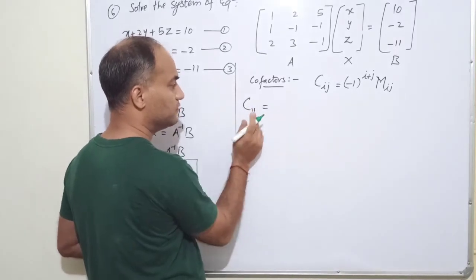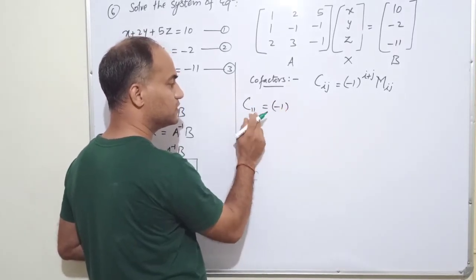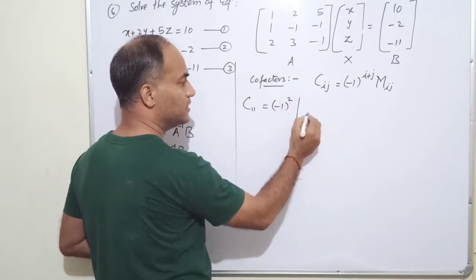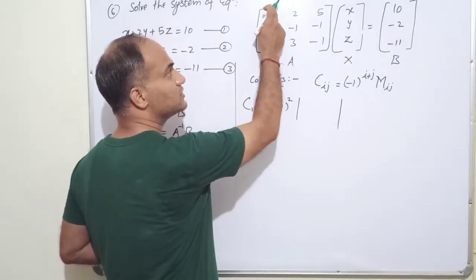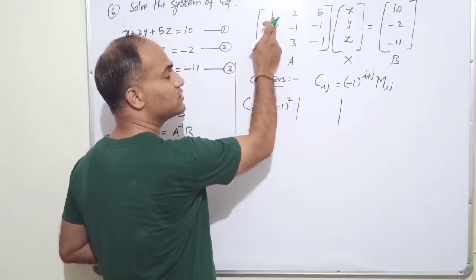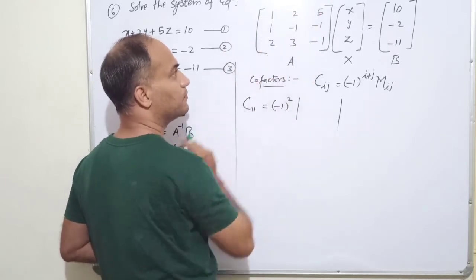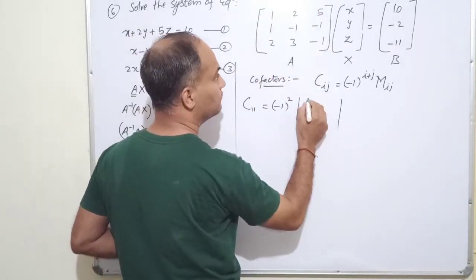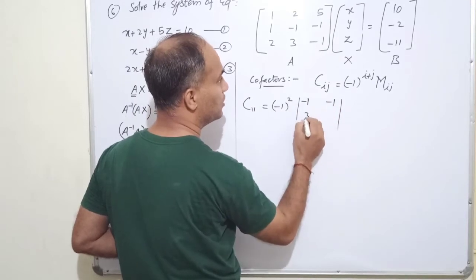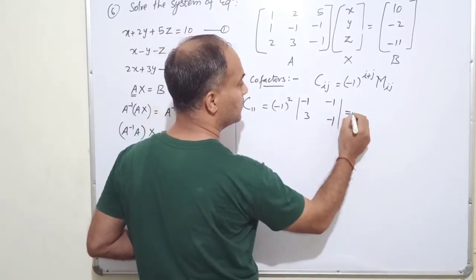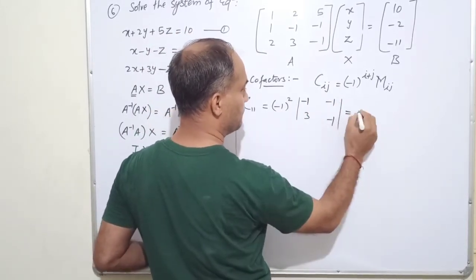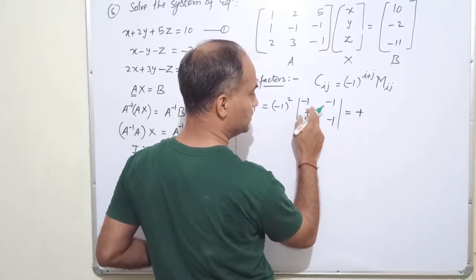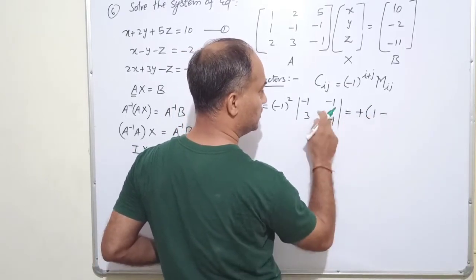C11, this will be equal to minus 1 to the power 1 plus 1, means 2. Minor means when we find the minor for this element, we leave this row and this column. Okay, so what is left? Minus 1, 3, minus 1. Okay, so this becomes positive, and this is 1, and this is minus 3.